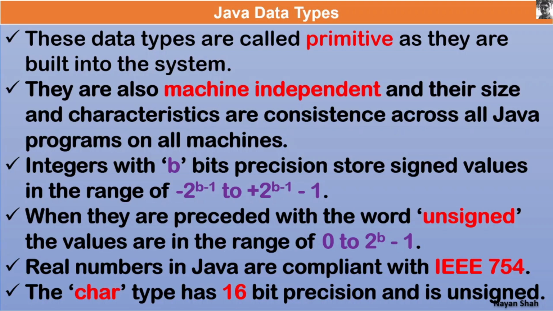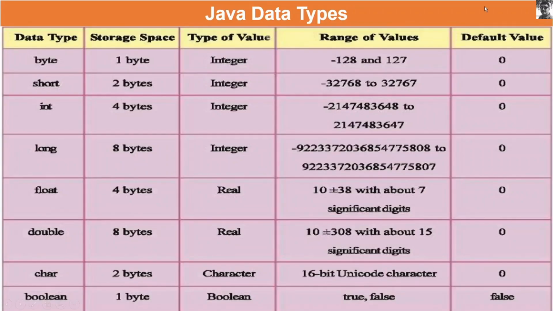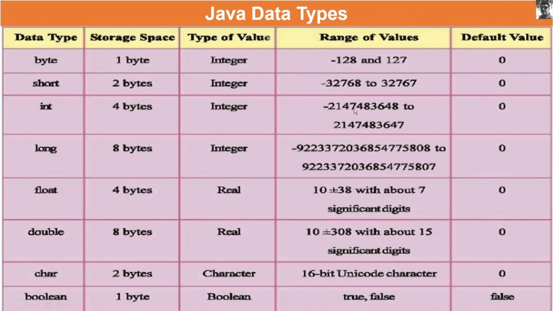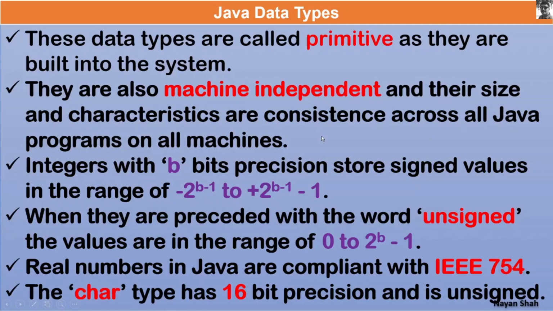Then plus 2 raised to b minus 1, whole minus 1, so 2 raised to 7 is 128, minus 1 is 127. And that is why the range of byte is -128 to +127. You can calculate all these ranges using this formula. You remember this formula, but you don't need to remember the ranges.